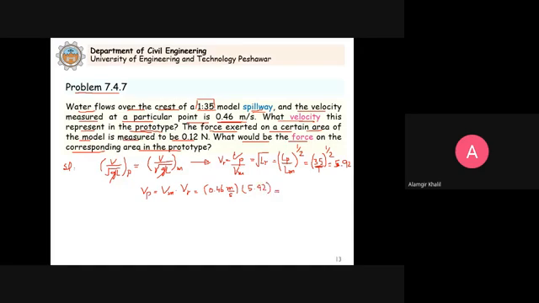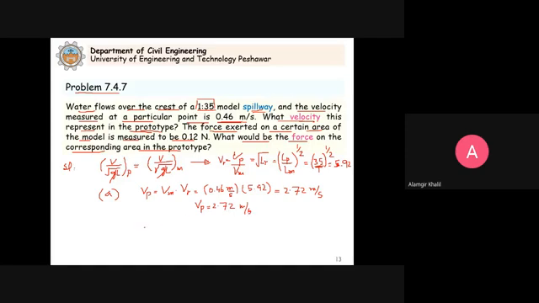So what will be the velocity? 2.72 meter per second. This will be the velocity in the prototype. Clear? So this was part A of the question. We calculated that Vp is equal to 2.72 meter per second.